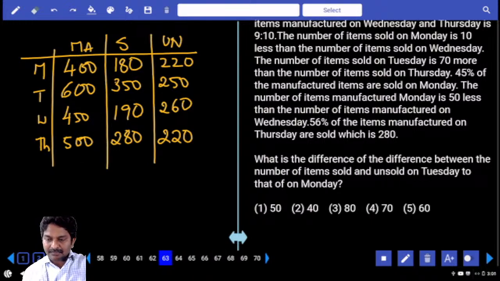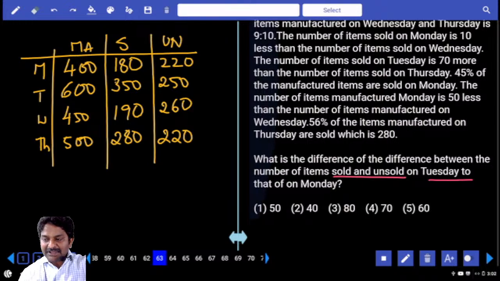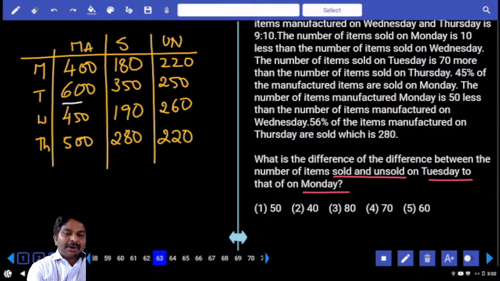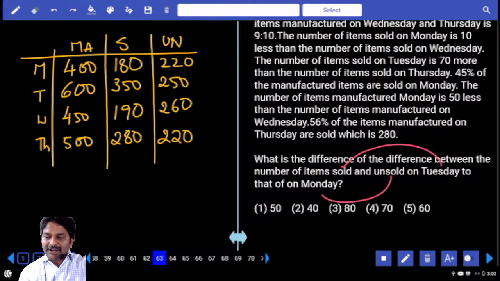70%. What is the difference between number of items sold and unsold on Tuesday to that of Monday? Sold and unsold in the sense total number only. That is for Tuesday and Monday. Monday, Tuesday, what is the difference? No, this is something different, I think. Sold items on Tuesday, unsold items on Monday. Probably that is what they want to write. Sold items on Tuesday, 350.